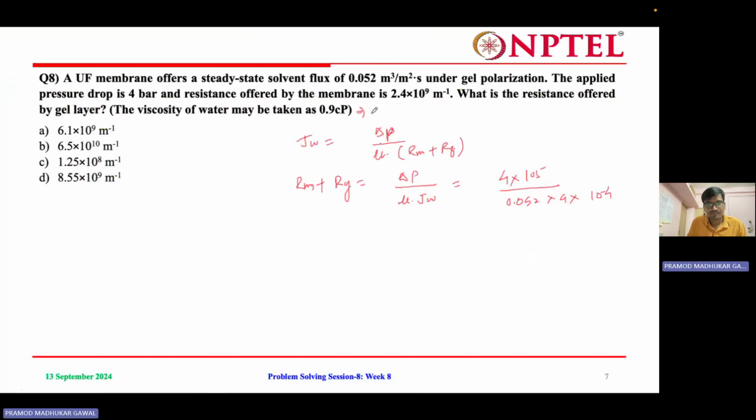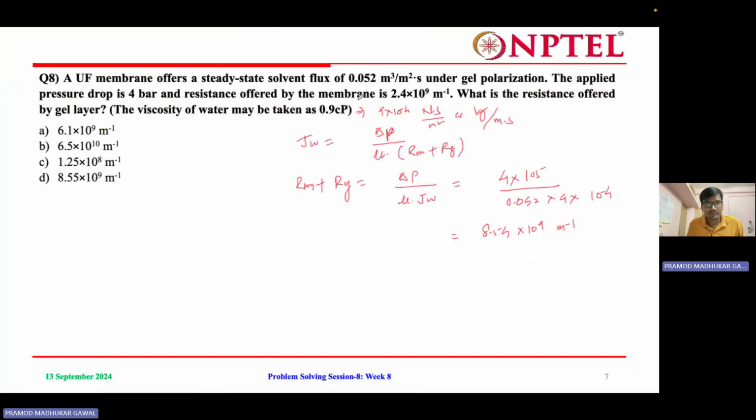That is 1 over 9 into 10 to the power minus 4 Newton second per meter square, or kg per meter second, equal to 8.54 into 10 to the power 9 meter inverse, right?